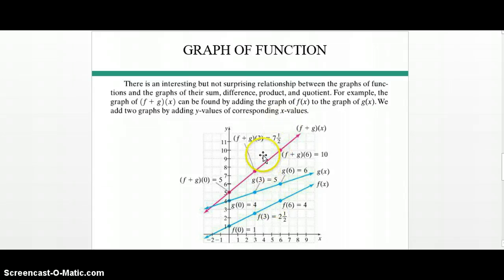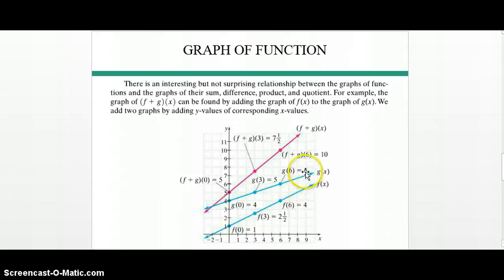Look at the three graphs. This is the graph for f of x. This is for g of x. This is for f plus g of x. Look at one point. f of 6 equal to 4. Here g of 6 equal to 6.